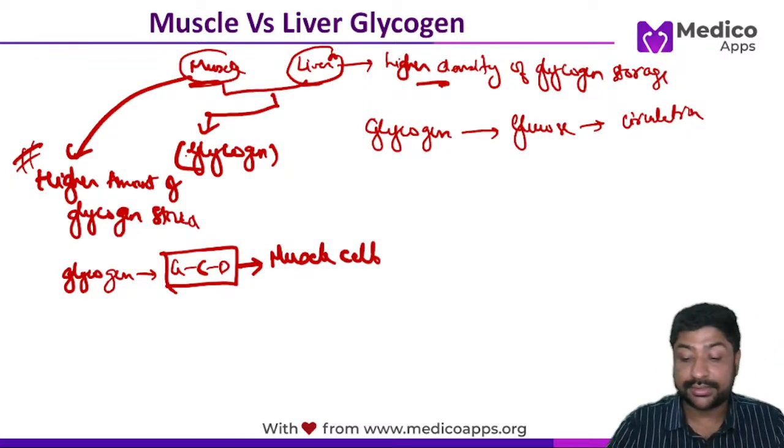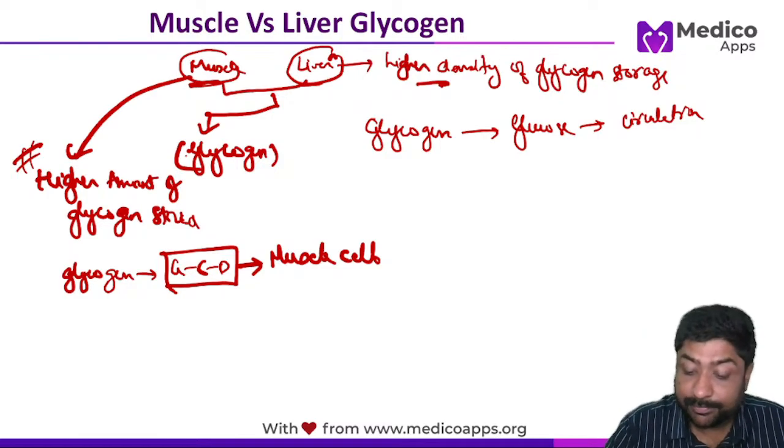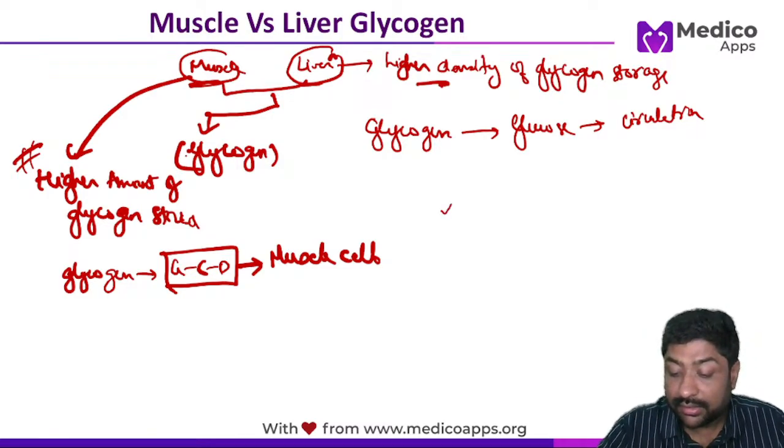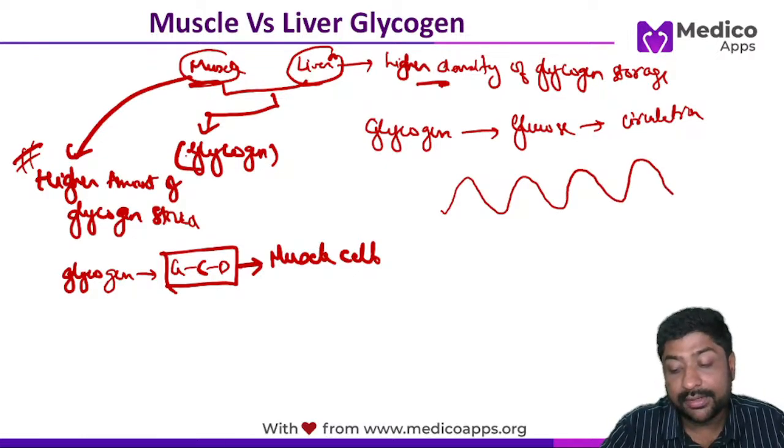This is the second difference. The third difference is that in liver the amount of glycogen keeps on varying, increasing and decreasing.